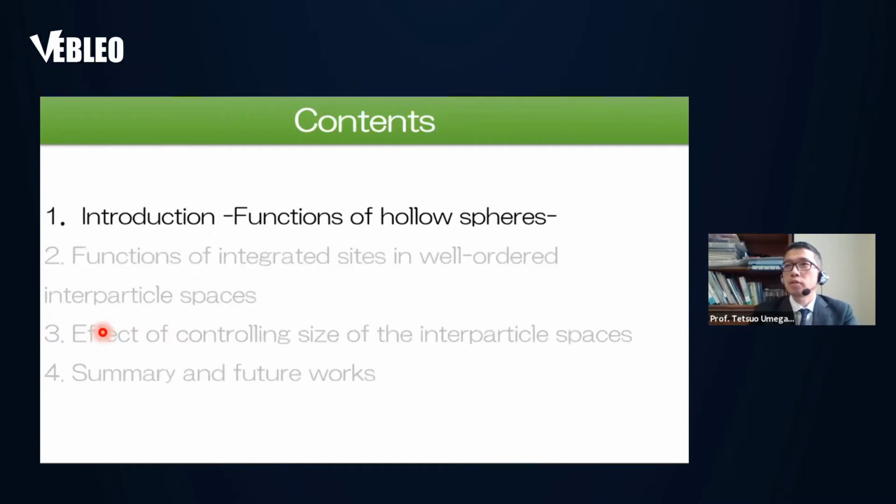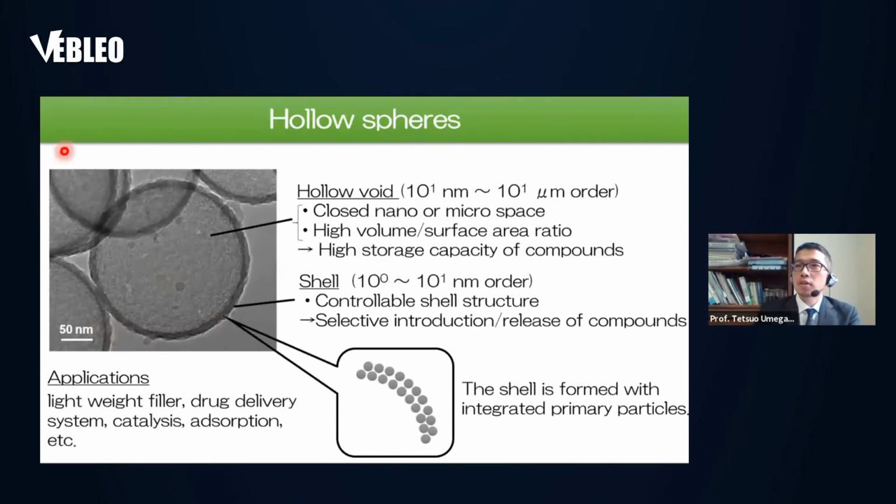At first, I will explain functions of hollow spheres. As shown in this TEM image, hollow sphere particles include a closed nano or micro-sized space, so-called hollow void, formed with the shell. The particles possess relatively high volume to specific surface area ratios, thus can store a high amount of compounds.